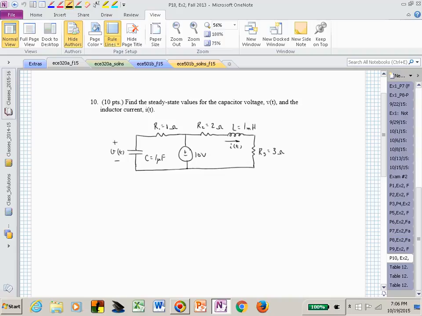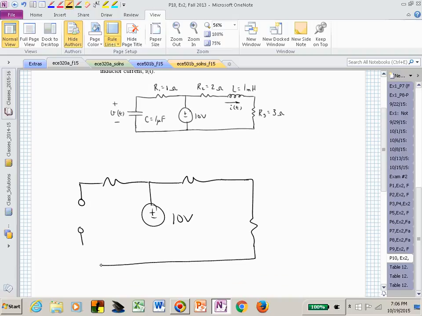So now you could immediately redraw this circuit and say, I have a resistor and my capacitor is opened. That inductor shorts. This is now 3, this is 2, this is 1.